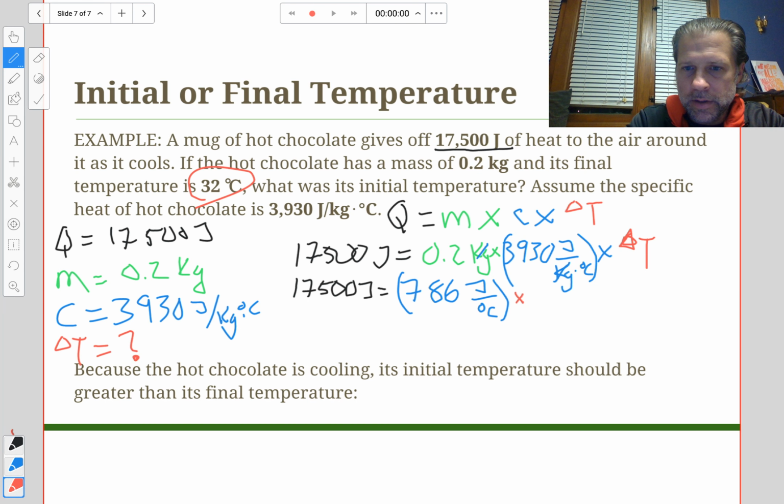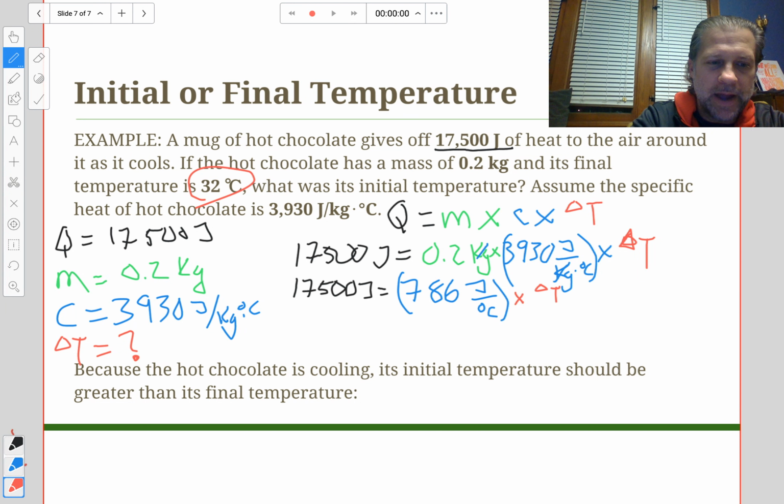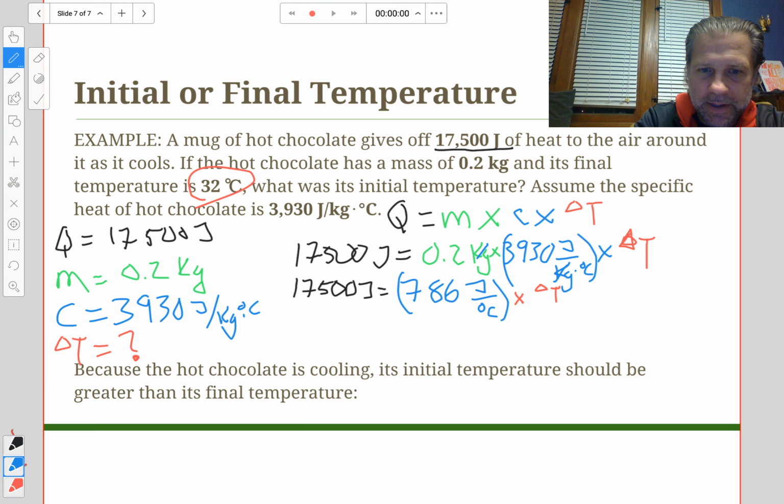times delta T. Okay, so now what I need to do is get delta T by itself, so I'm going to divide both sides by 786.